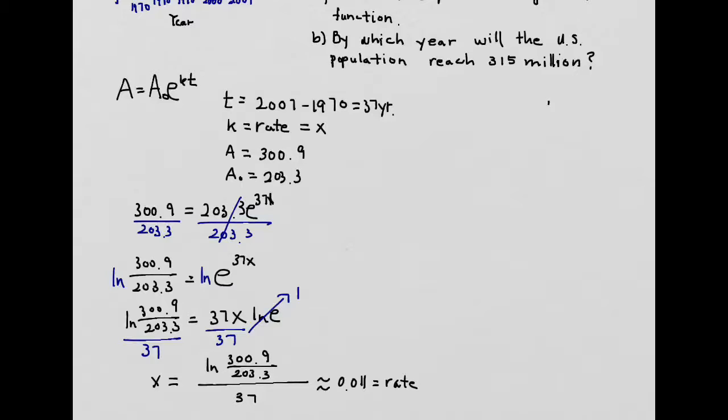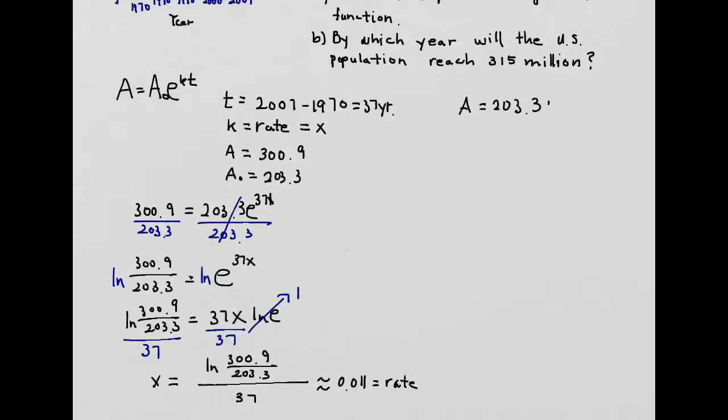With that rate, you should be able to build the equation, which is going to be A equals 203.3 e to the 0.011t.